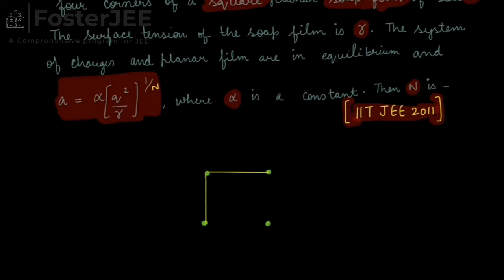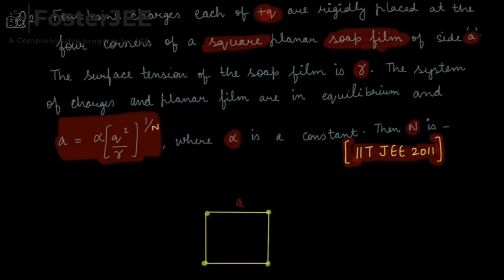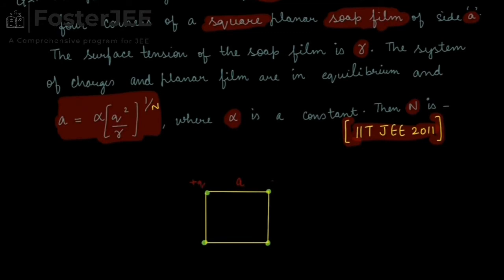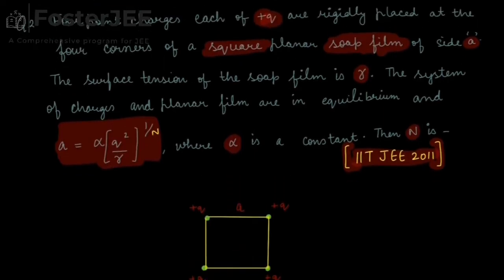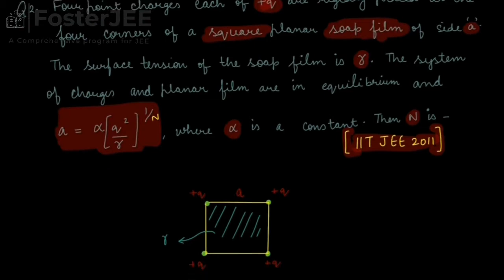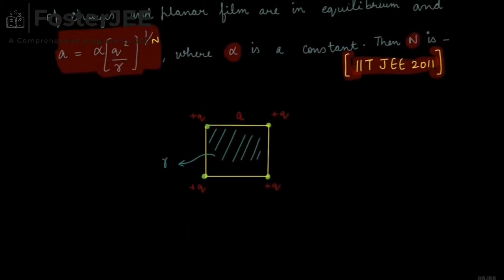The side of the square is given as A, that is, this side is A. These charges are plus Q, plus Q, plus Q and plus Q. We are also given that this is a soap film of surface tension gamma. The system of charges and the planar film are in equilibrium. Now, we have to analyze the situation. So, this is our diagram.